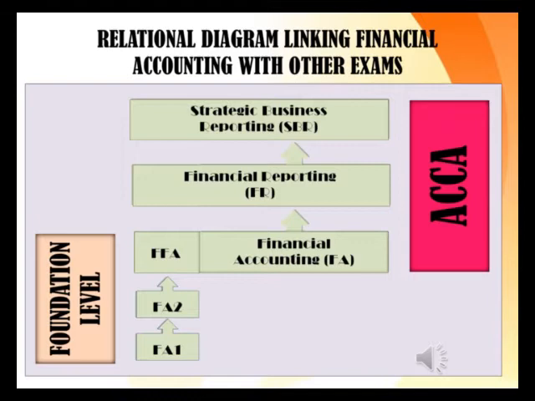Then when you enter your ITM, you will proceed with two papers. One is financial reporting, which is F7, and for the strategic part, this is the P level, where you need to complete Strategic Business Reporting.